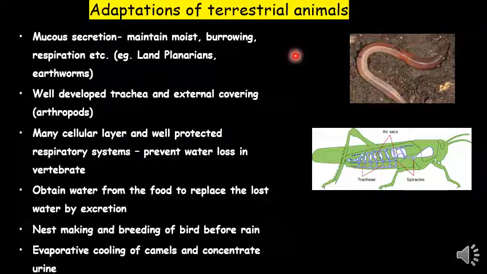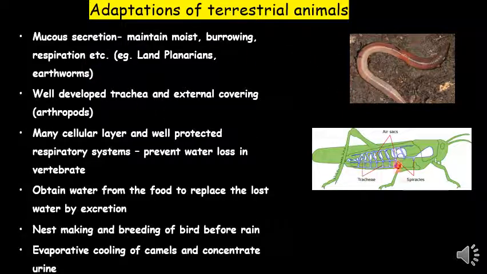Okay. So these are some adaptations of terrestrial animals which are given in your book. Say, if you take the earthworm, this burrowing organism is constantly exposed to a lot of different sediments and soil. So to avoid erosion and to avoid being damaged by its movement inside the soil, it secretes mucus, which helps to keep the animal moist and at the same time prevents a lot of skin abrasions, right?